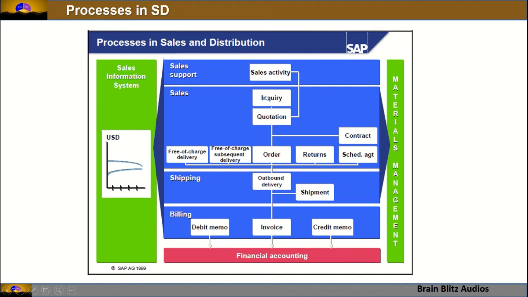In sales functions, we have an inquiry. When the customer sends a mail or calls and asks, I need some product or some service from you, then you log it as an inquiry. So it's a sales document again.